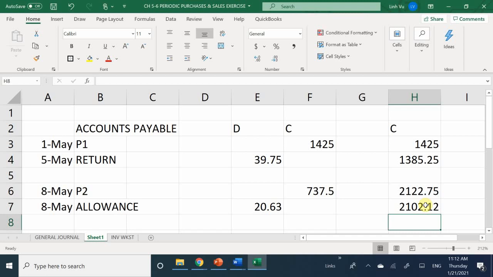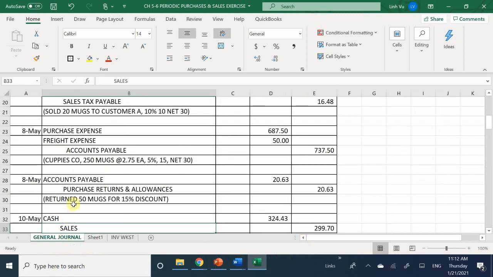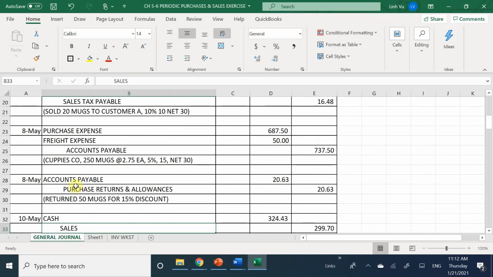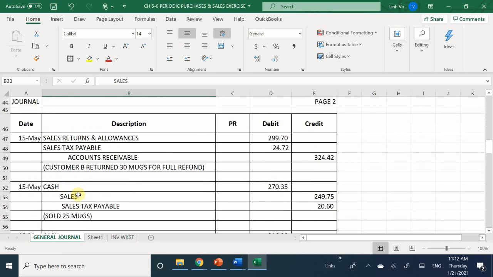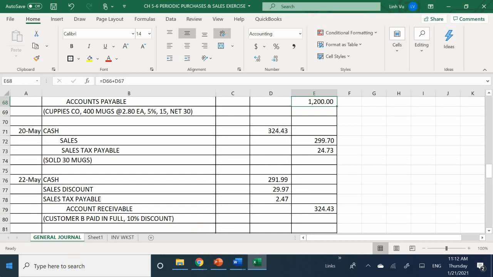Okay. And then lastly, the last purchase that we made, there's no discount, nothing to it, was on the 20th of May. So by scrolling down and finding that transaction on the 20th of May, I tacked on another accounts payable for $1,200. No discounts, no returns or anything.